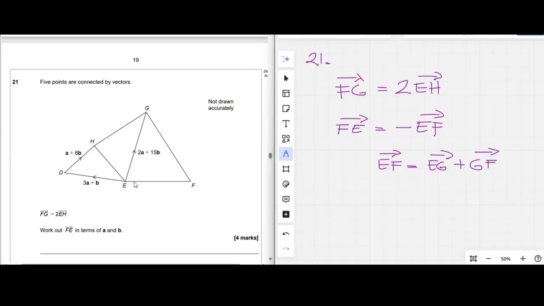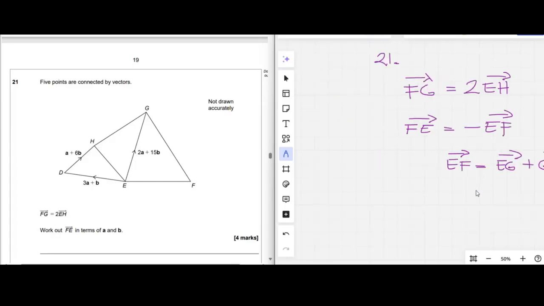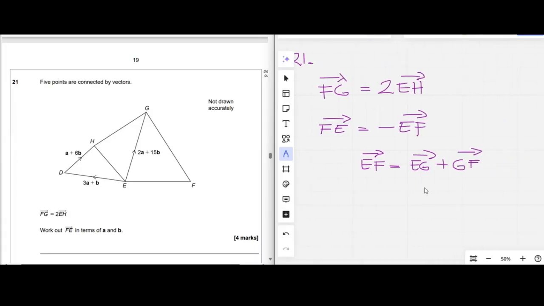Yeah, to go from E to F, we can go from E to G and then from G to F. And that GF is negative FG. So EF is EG plus negative FG. Yes, so if we want a vector going the other way, we can make it a negative. Okay.